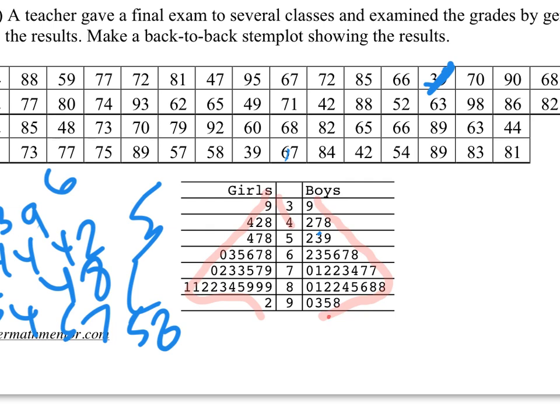But I'd have to count each of these up to see, well, let's look between 80 and 90, or let's go from just the 70s and above. Which class had more pass? So you could do that. What else could you do? You could look at the data.